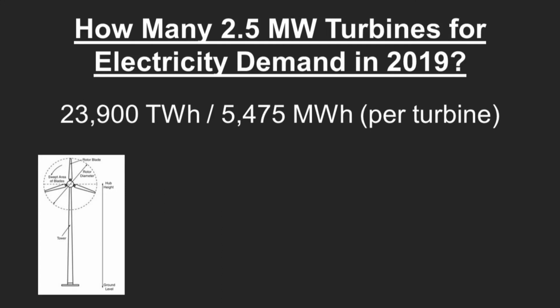Now, to calculate how many 2.5 megawatt turbines are needed to supply the world's electricity demand in 2019, we divide the total 23,900 terawatt hours of consumption by 5,475 megawatt hours created by each turbine. And just note that 1 terawatt hour is the equivalent of 1 million megawatt hours.